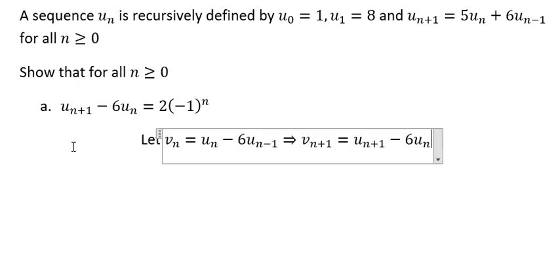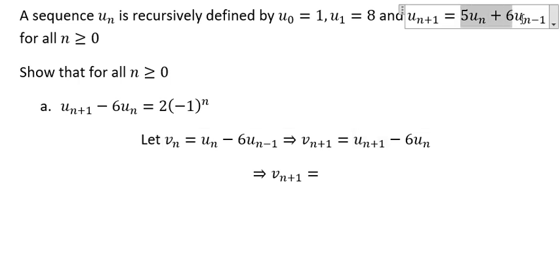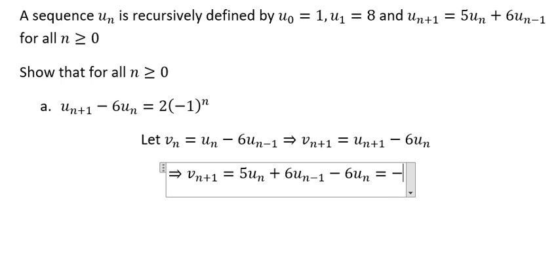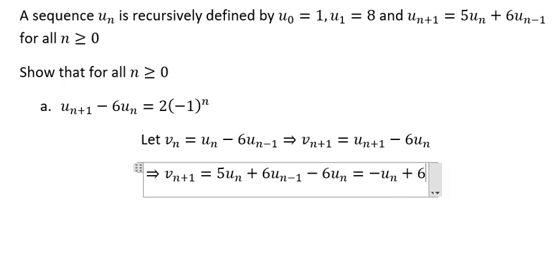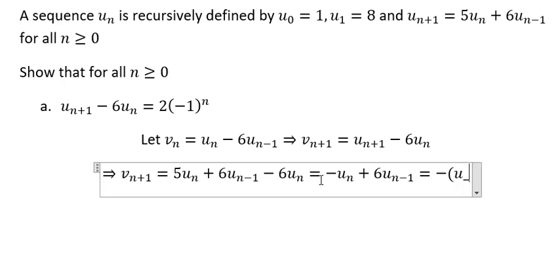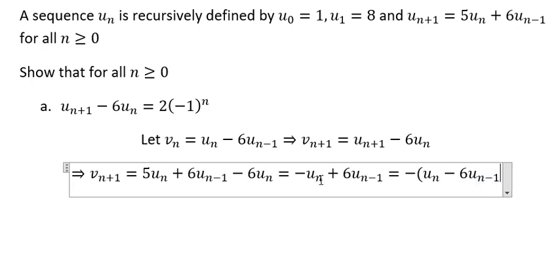Then I try to express Vn plus 1 in terms of Vn. So this means that Vn plus 1 will be equal to, what is un plus 1? This is un plus 1. Okay, so I have my un plus 1 there. Then I need to subtract 6un. Bringing like terms together, I have 5 minus 6 is negative un plus 6un minus 1, which, factorizing the negative sign, I'll be left with positive un minus 6un minus 1.